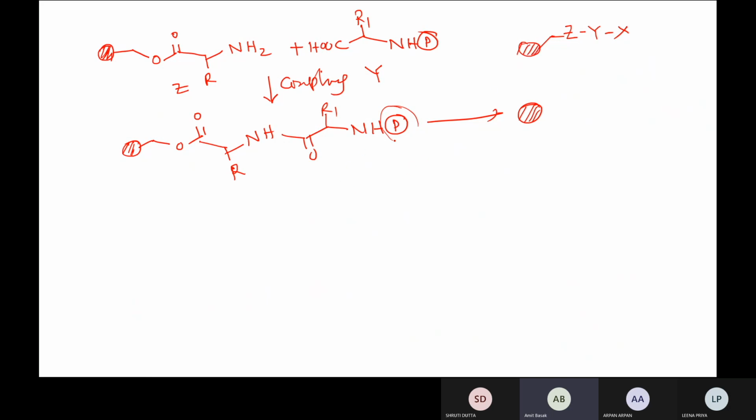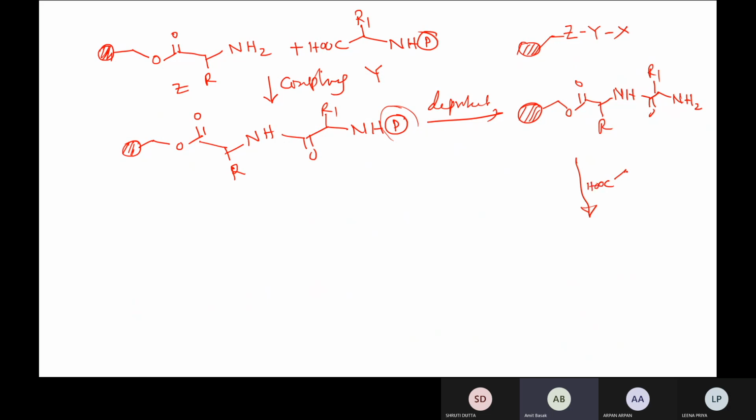Okay, so now you have to just again repeat the steps. You have to deprotect. So this will be free. So again O, CO, R, this NH, CO, then R1, then NH2, and you have to now add the amino acid. In fact, that is the first amino acid from the N terminus. X is the first amino acid from the N terminus. So that again should be free.